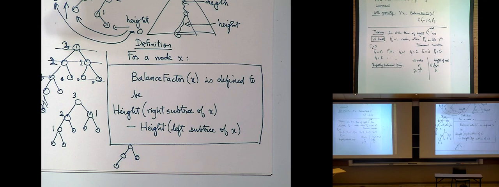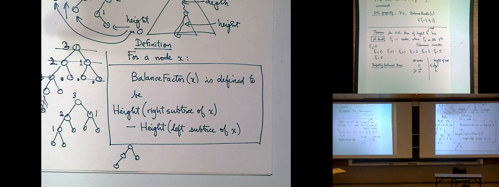But what Adelson-Velskii and Landis showed is that you can bound it by the Fibonacci number. You say, why should I care about the Fibonacci numbers here? The point is the Fibonacci numbers increase exponentially.